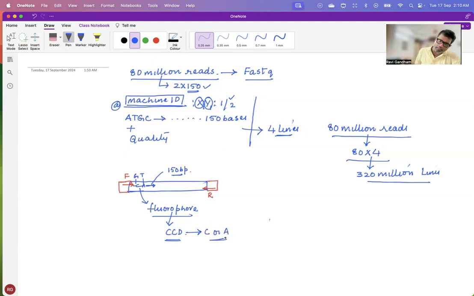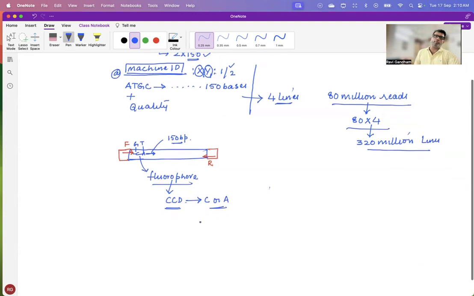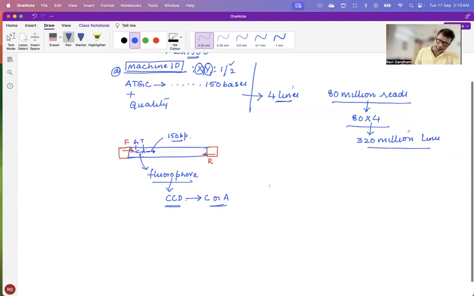Now what happens? If you have a single fragment and one C is added, the quantum of light that is emitted from this fluorophore from a single C added will not be sufficient to be recognized by the CCD camera and then finally read as a C, right?